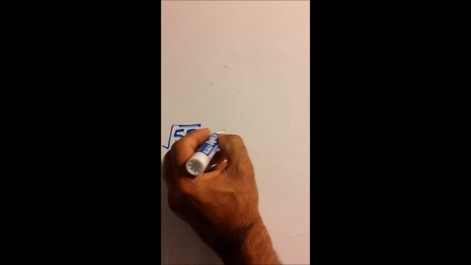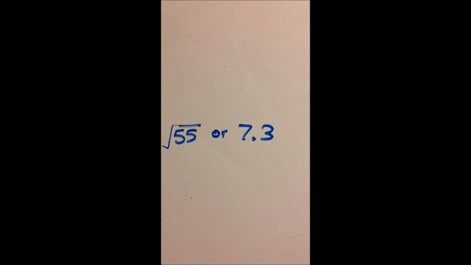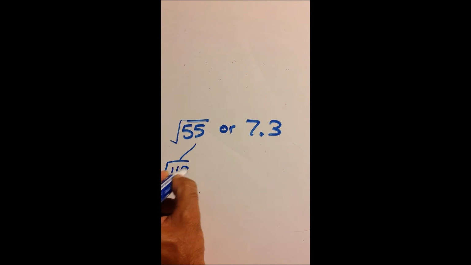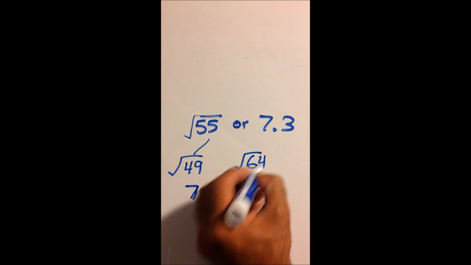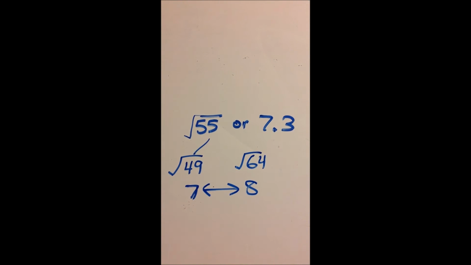Let's say we had the square root of 55, or let's say 7.3. Try that. Which one is greater? What is the square root of 55 between? We have the square root of 49, that's 7, and the square root of 64 is 8. So that's what it's between. What is it closer to?